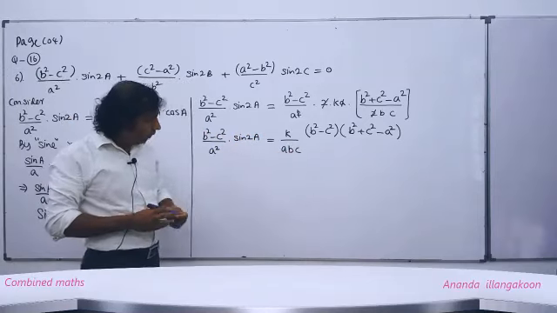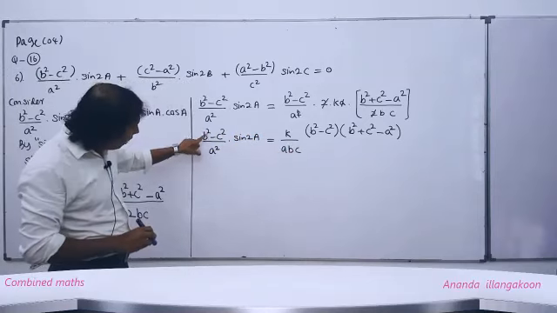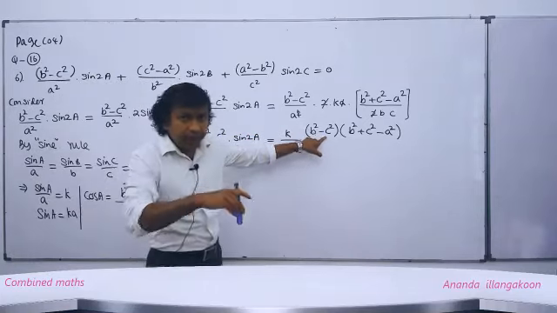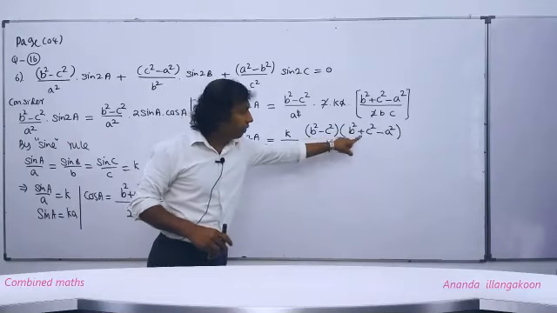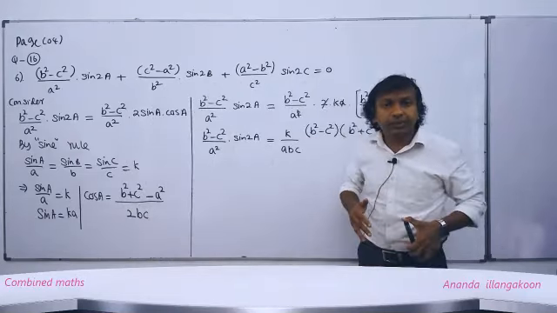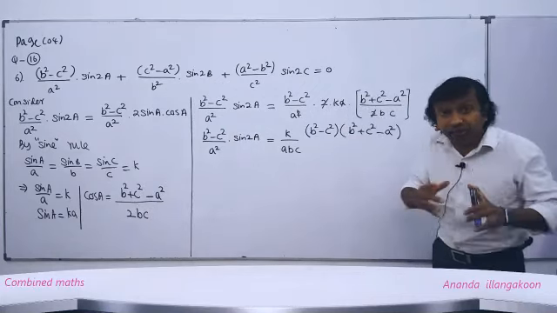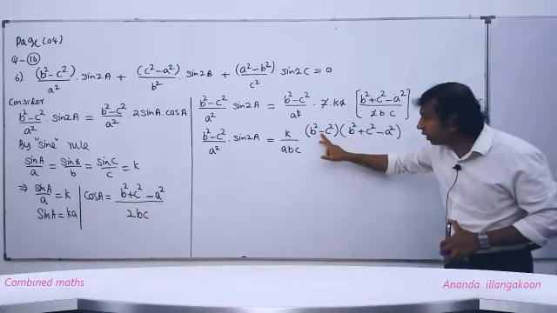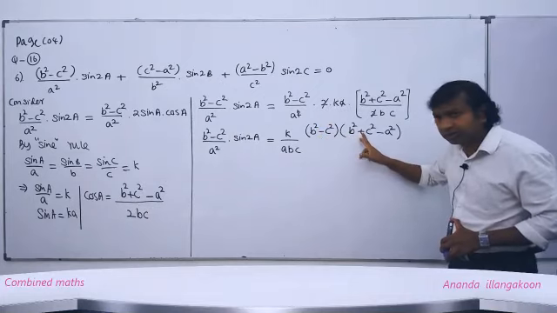Here b squared minus c squared appears in the same way on the right hand side. Then what is the second bracket? Can you form a method to obtain the second bracket? This is how we think to get it. Here b squared minus c squared, now change the sign to the opposite, plus.